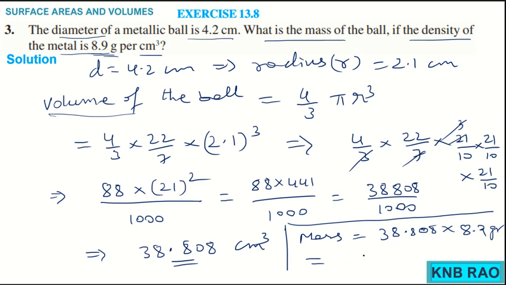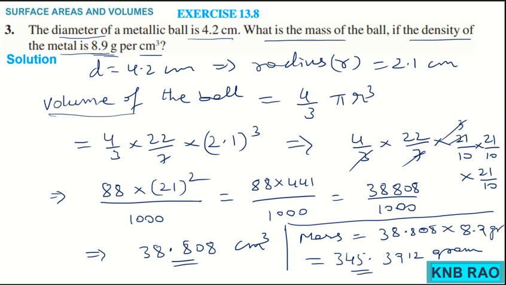After this product, you will get 345.3912 grams as the answer. You can convert it into kgs also if you want. Correct to 1 decimal place, we normally do it.